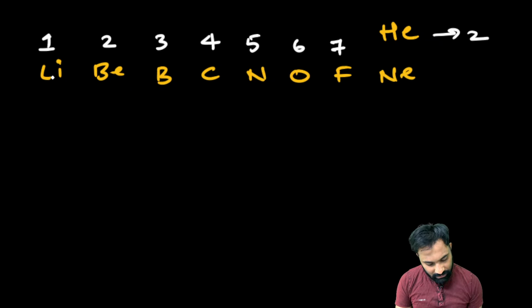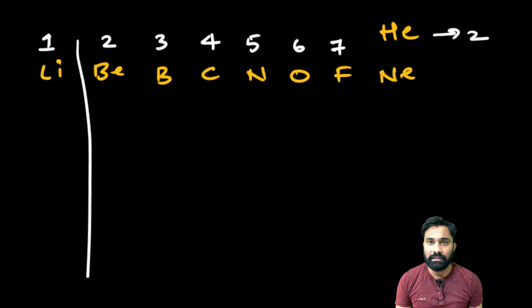The same lithium to reach the neon electronic configuration should gain 7 electrons. So loss of 1 electron is easy or gain of 7 electrons is easy? Loss of 1 electron is easy. That's the reason this entire alkali metals will readily lose 1 electron, and their oxidation number is +1.